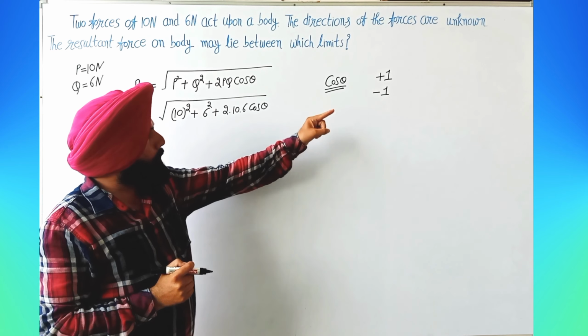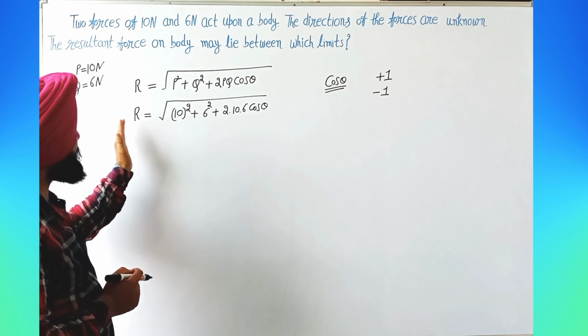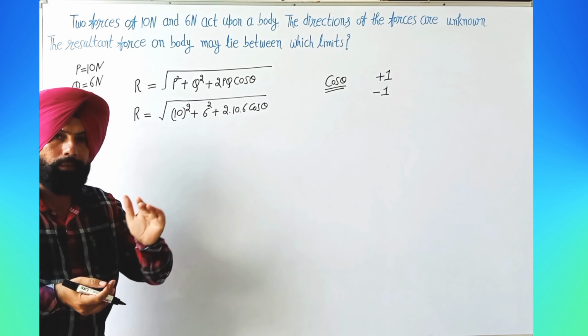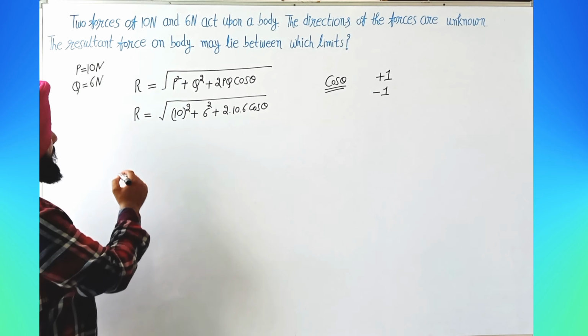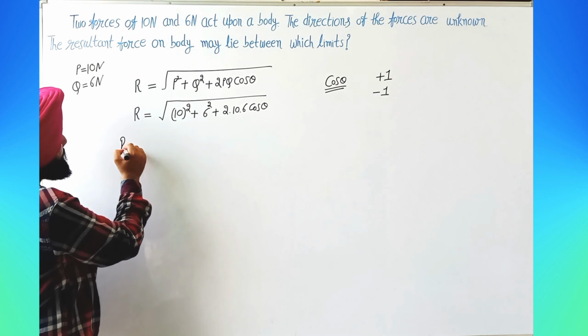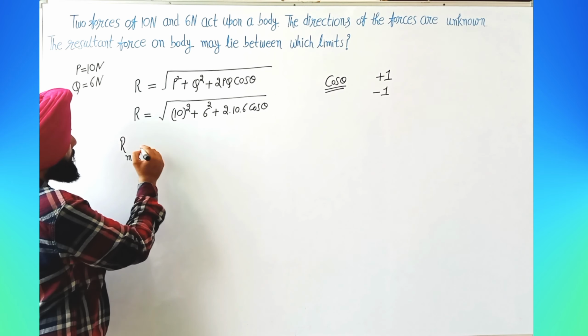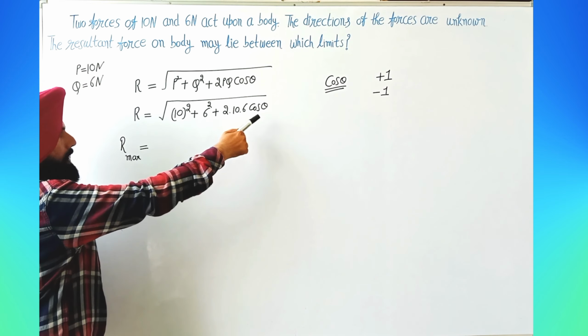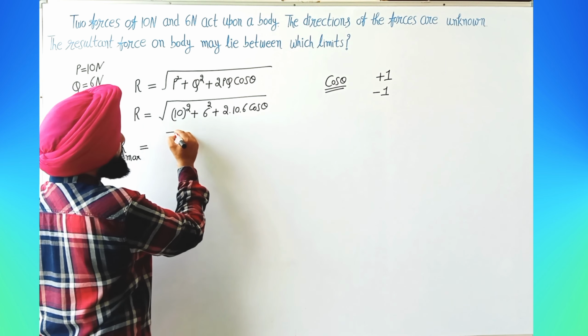So according to the value of theta, corresponding value of resultant will be minimum and maximum. In the first case, R will be maximum when cos theta will be plus 1.